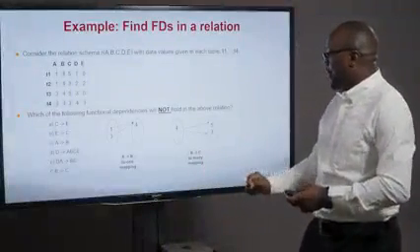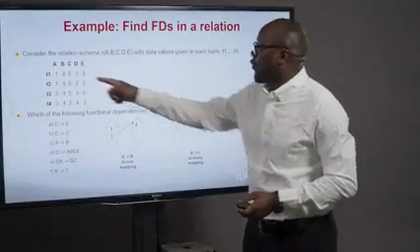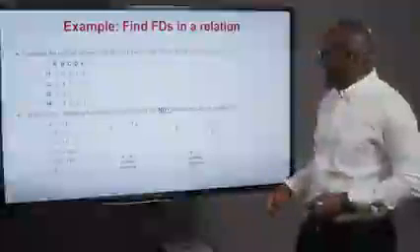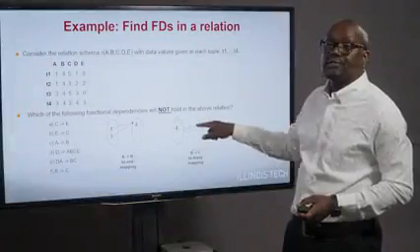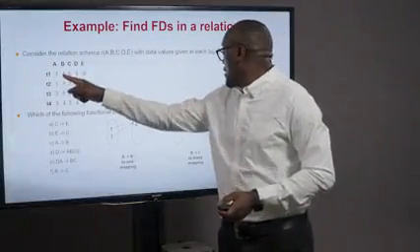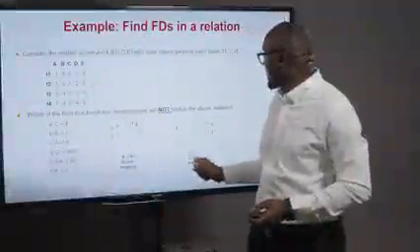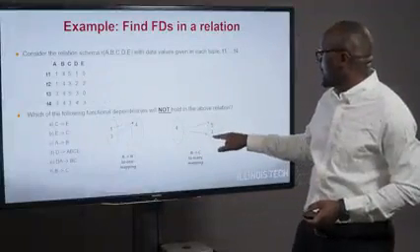B pointing to C, or B determines C. Let's see this. B is all 4. Let's see how many values 4 points to. 4 is going to point to C, 5. The first time is 5. The second time is going to go to the 3.